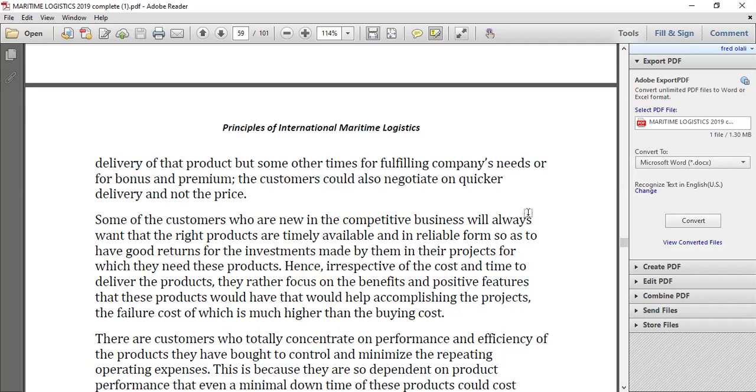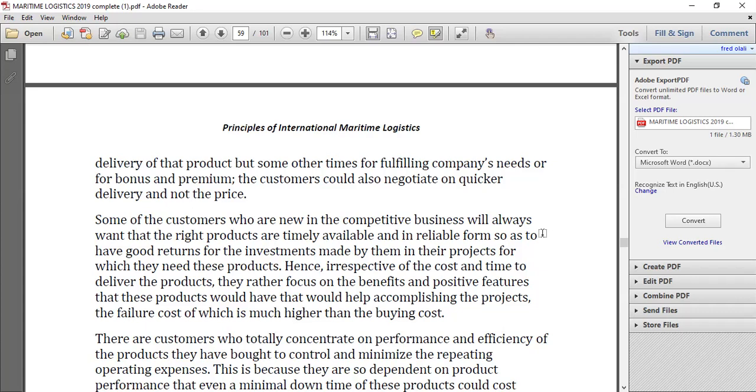So irrespective of the cost and the time to deliver the product, they rather focus on the benefits and the positive features of this product.